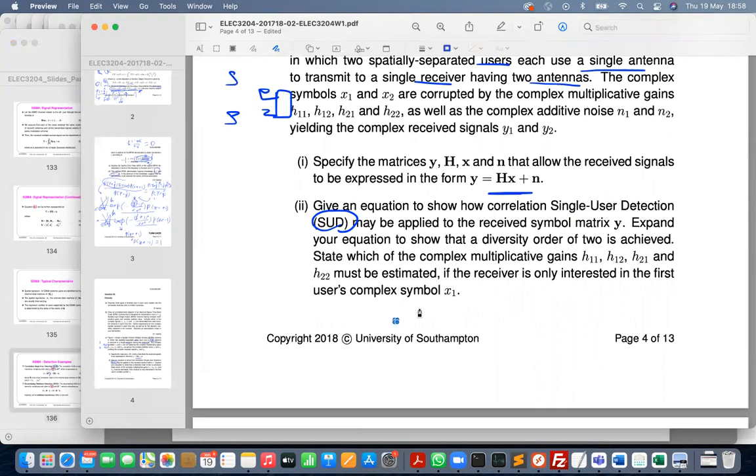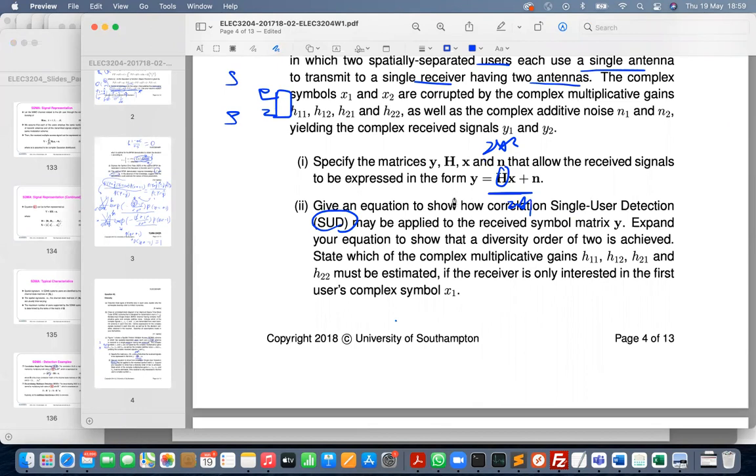H. So H here would be 2 by 2. X would be 2 by 1.